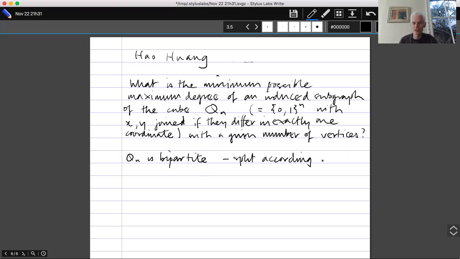Simple fact, but if you like to think of the hypercube in an equivalent way as the power set of the numbers from 1 to n, in other words, all subsets of the set {1, ..., n}, then we're splitting sets. Two sets are joined if you can get from one to the other by removing or adding exactly one element. And so then we split according to the parity of the cardinality of the sets.